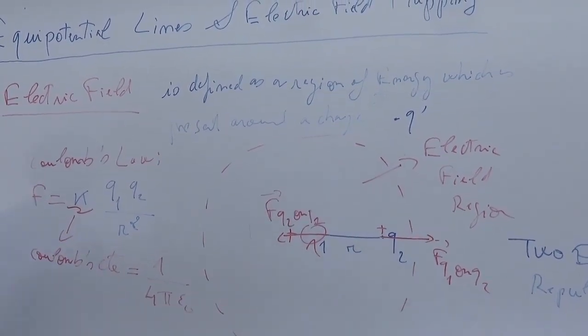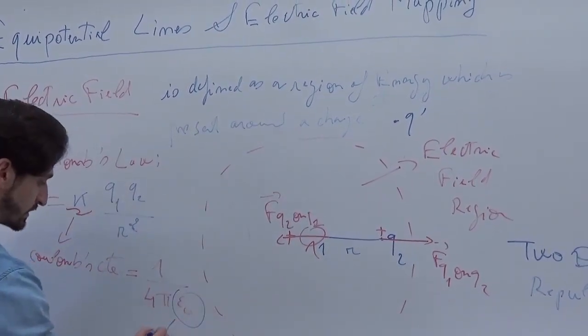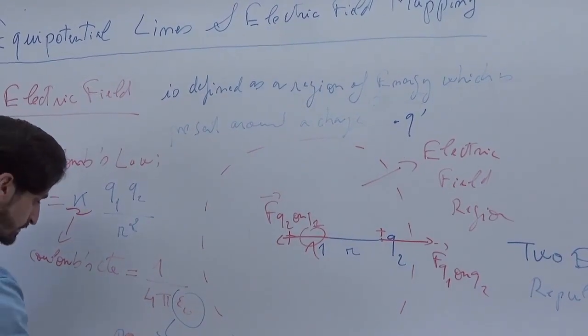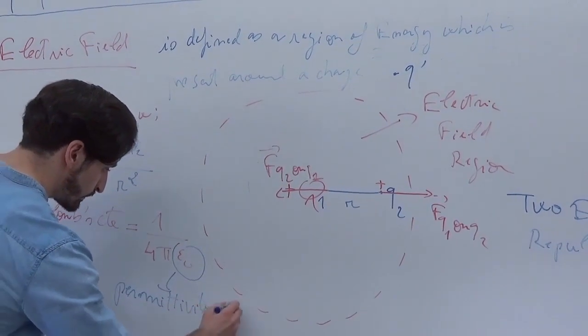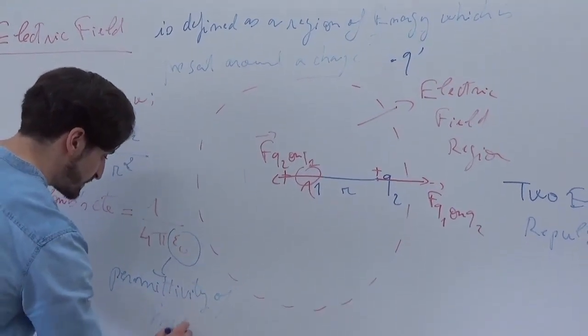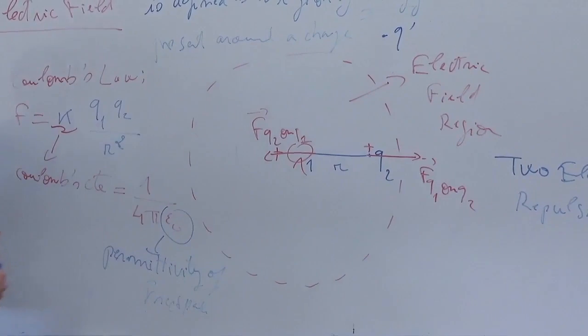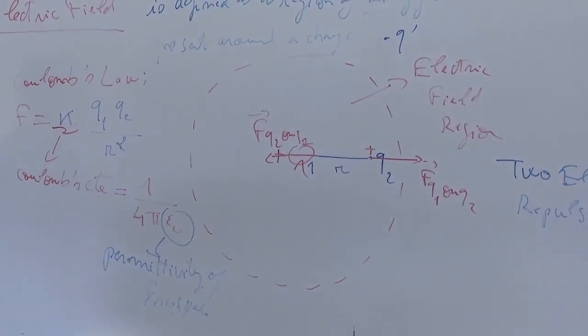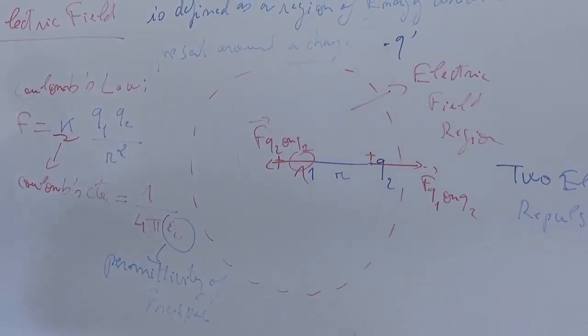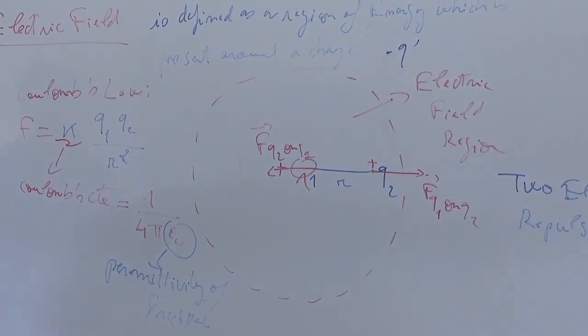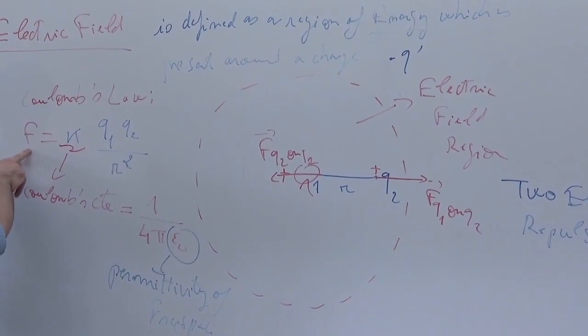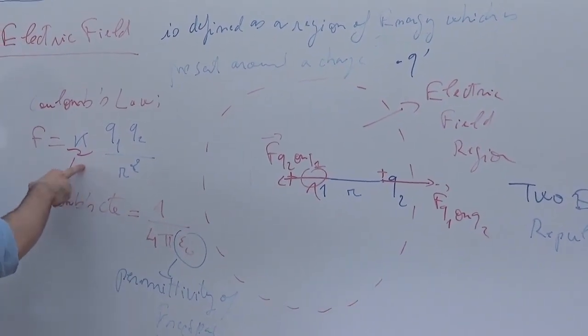The epsilon 0 is none other but the permittivity of free space. So the permittivity of free space is actually an indication of the ability of free space to support an electric field.